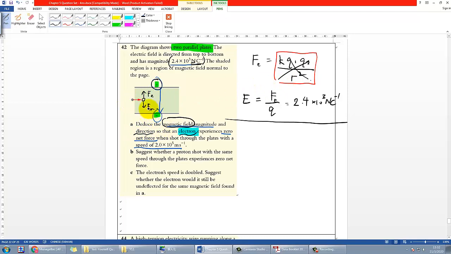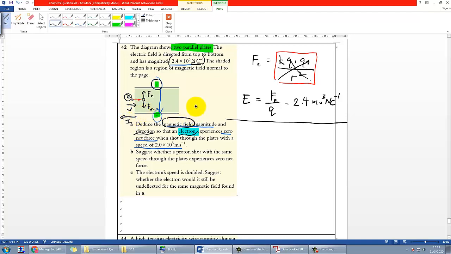If you have a force that is pointing down, you may want to use your left hand for the left hand rule again. Force is going down, B field is unknown, and then for the I, again be careful, this is an electron. Velocity going in the right direction, that means the current is going in the left direction.